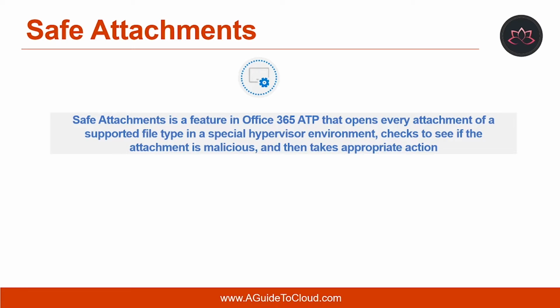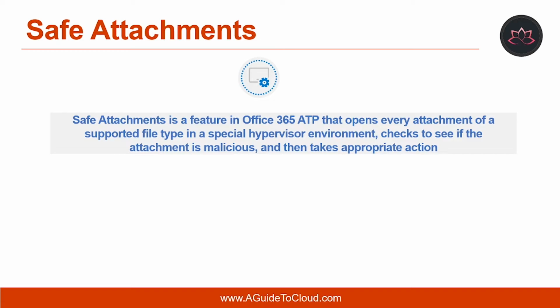Let's understand safe attachments in detail. People regularly send, receive, and share attachments such as documents, presentations, spreadsheets, and more. Safe attachments is a feature in Office 365 ATP that opens every attachment of a supported file type in a special hypervisor environment and checks to see if the attachment is malicious, and then takes appropriate action to protect your organization.